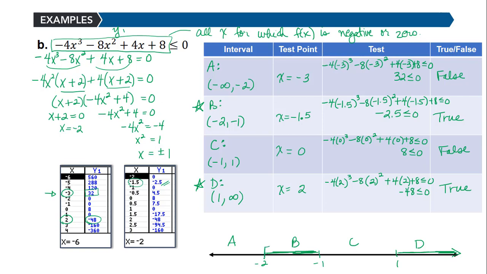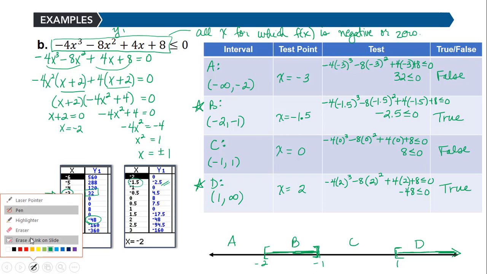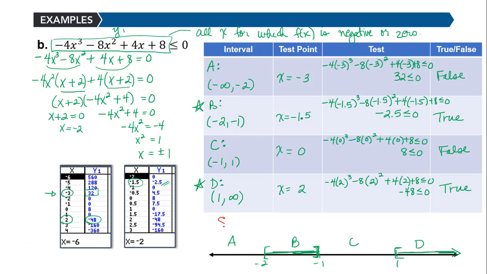But we can put brackets on our endpoints to indicate those are included in our solution set. So in interval notation, our solution set is bracket negative 2 comma negative 1 bracket union bracket 1 to infinity.